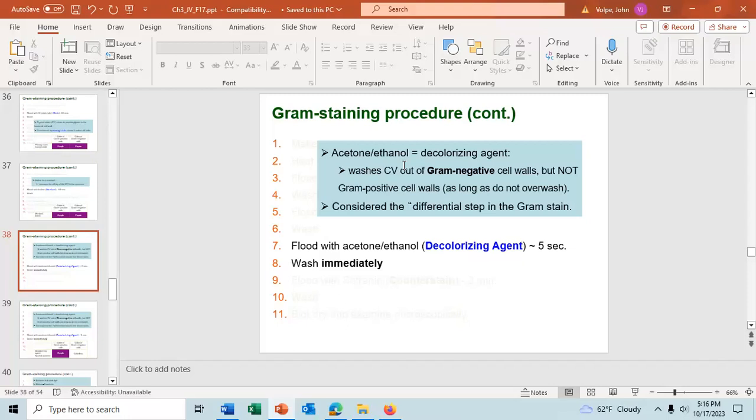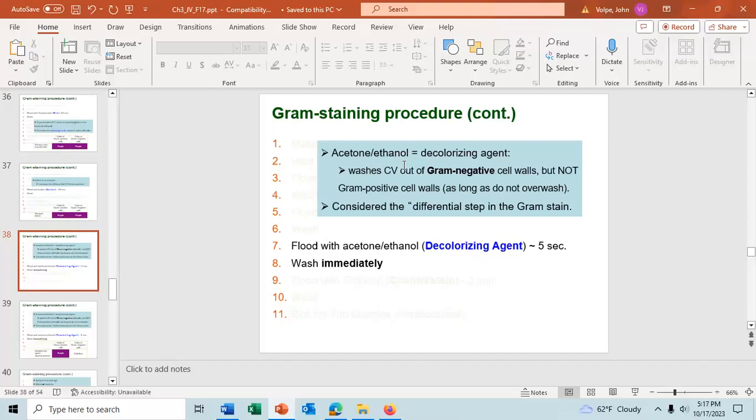You then wash the slide immediately with cold water. Why you do it immediately is after you apply the decolorizing step, there are trace amounts of decolorizer still on the slide. Those trace amounts will pull out the crystal violet from the gram-positive cells if it is left on.